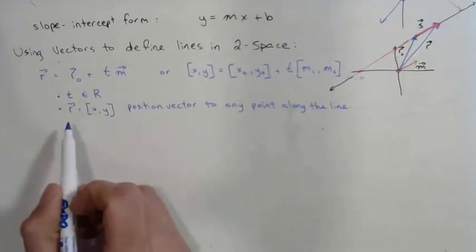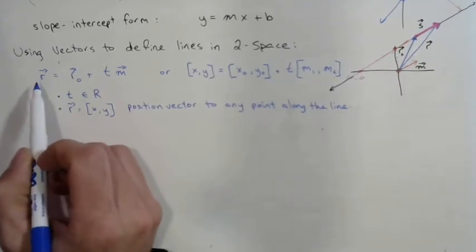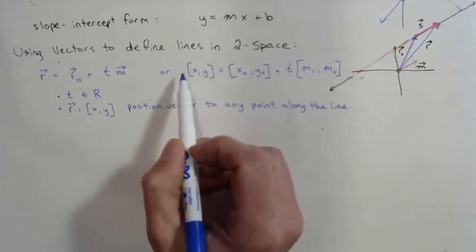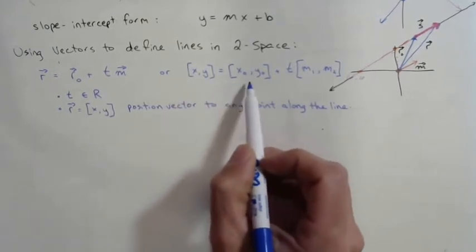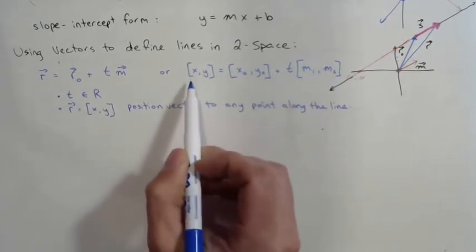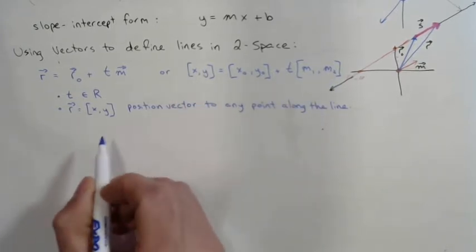And in this case, if r is over here, then it might be the unknown portion, okay? This xy might be the unknown portion, but if you have another position vector and a direction vector, then you can figure out what this position vector is.